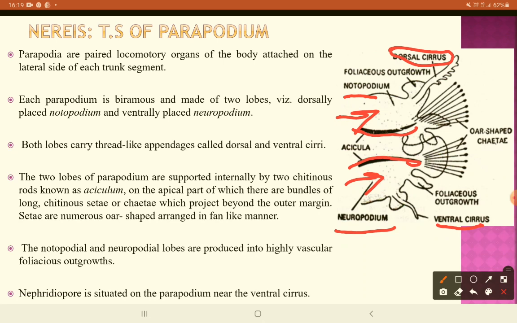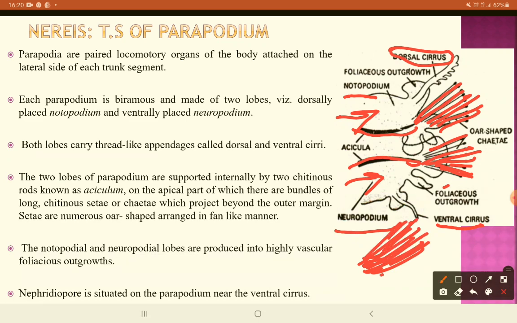On the apical part of which there are bundles of long chitinous setae, or the chaetae, which project beyond the outer margin. Now here can you see these oar-like chaetae that protrude outside the structure of this lobe. Now these are the ones that develop in case of Heteronereis. In case of Nereis, they will be very small, minute and compact like this, but when it becomes Heteronereis, they become fan-shaped or oar-shaped.